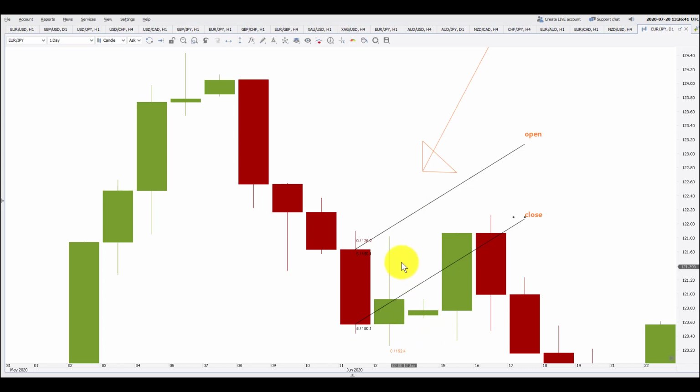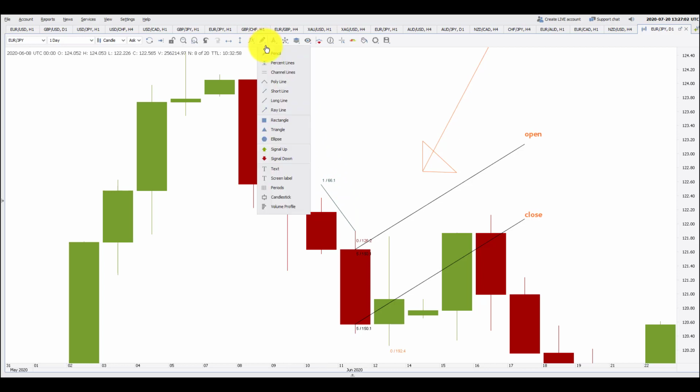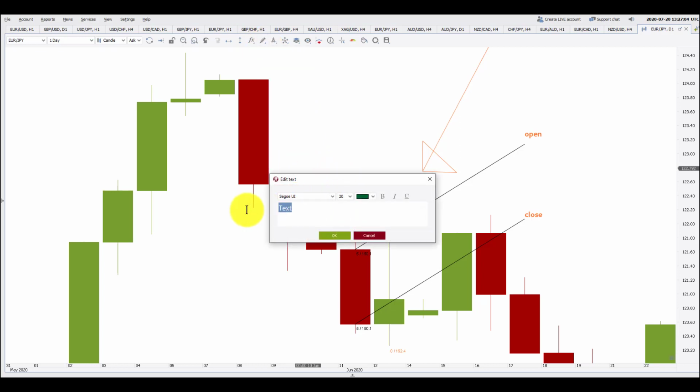This is the close, and this higher top here, the upper shadow, the tip of this shadow is known as the high.